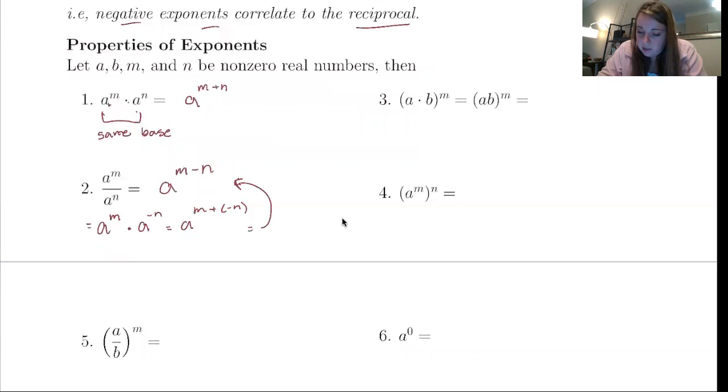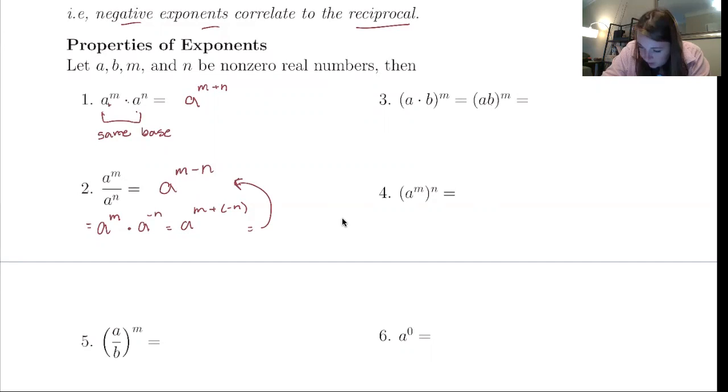Okay, now what if two things are in the base? So now I have two different bases. I have a times b raised to the m. We can also just say ab. When letters are next to each other, we assume there are two different variables. If I have two things multiplied together raised to the m, I can distribute that exponent. I'm only distributing that exponent over multiplication.